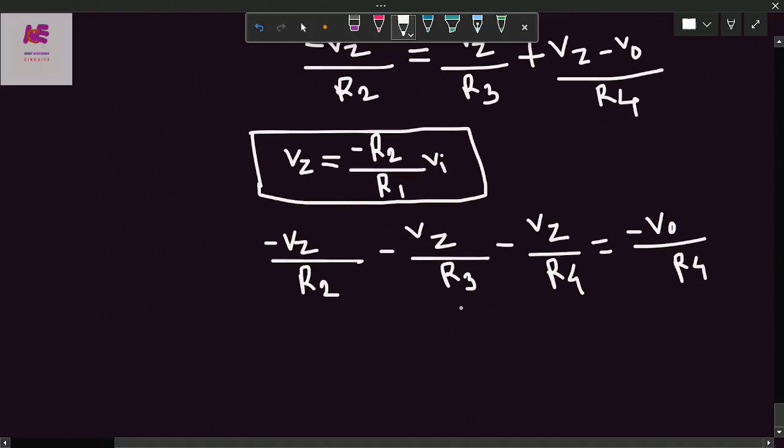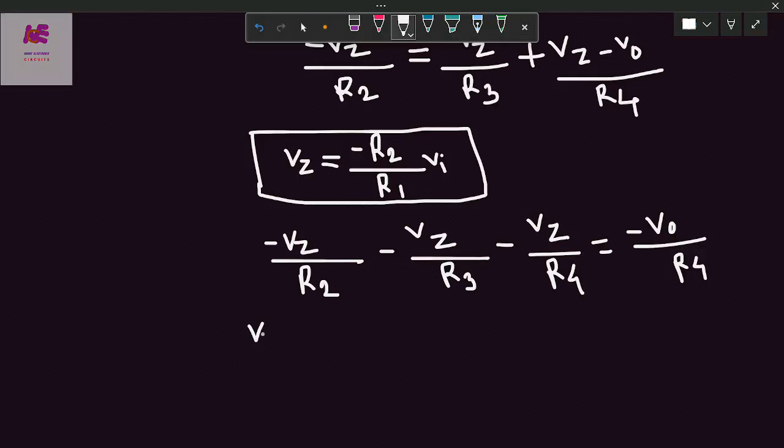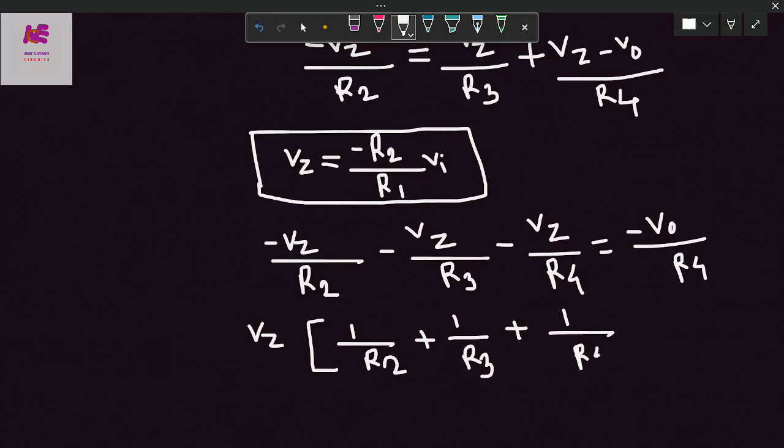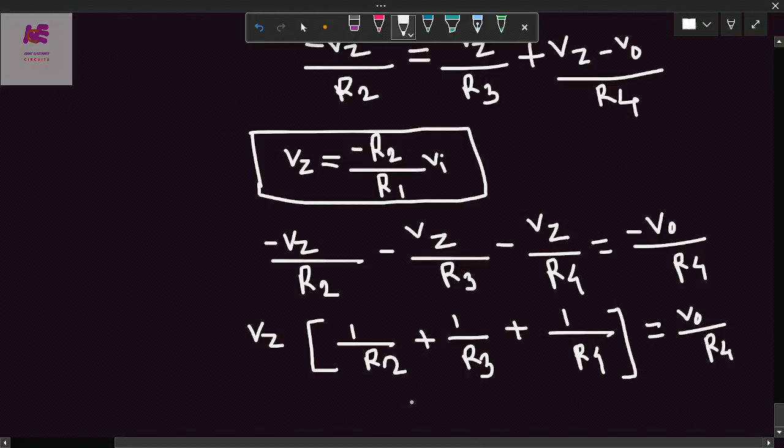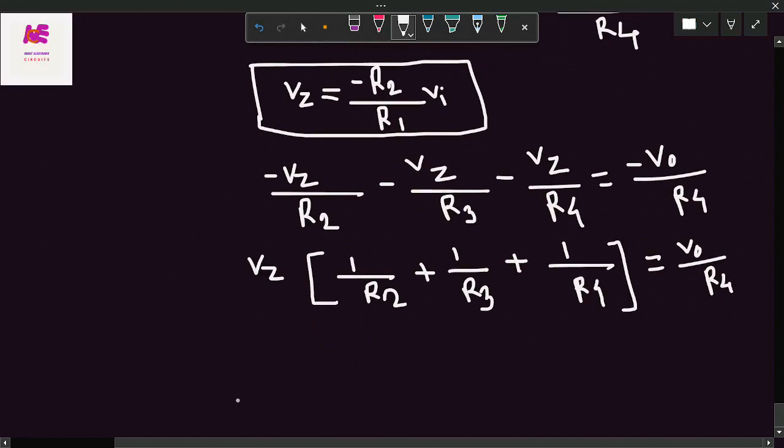Taking the minus sign common on both sides, the terms will be positive, and also taking Vz common, we get Vz times 1 upon R2 plus 1 upon R3 plus 1 upon R4 equal to V0 by R4. Now we can put the value of Vz from equation 1, minus R2 upon R1 into Vi.